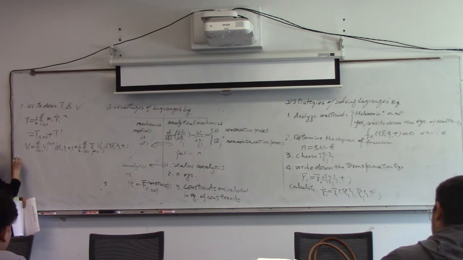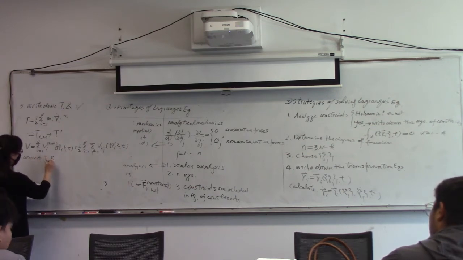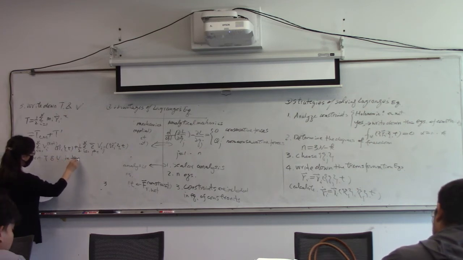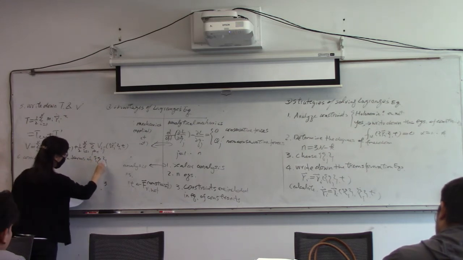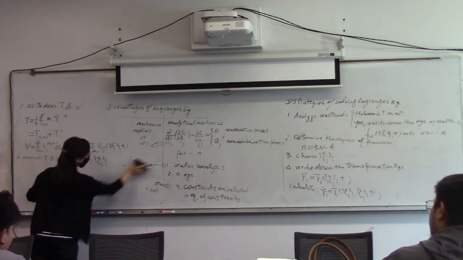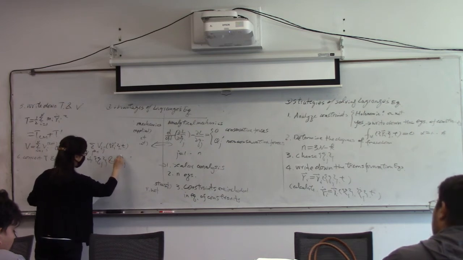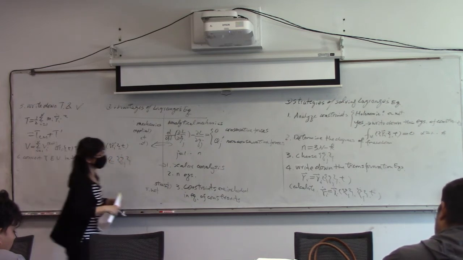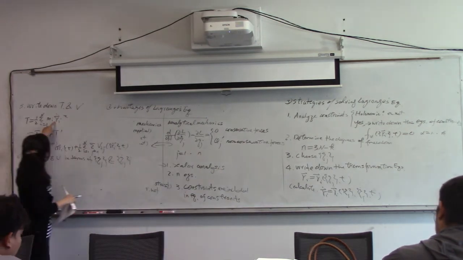This is a real position, real velocity. So when you write down here, then you are going to convert T and U in terms of general coordinates and general velocity. That is, you are going to substitute this into your kinetic energy and potential energy.